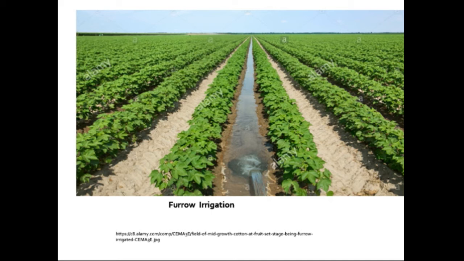No wastage of land in field ditches. Similarly, fairly efficient in terms of water. Likewise, relatively cheap to construct and maintain, and there is efficient use of water in the furrow irrigation method.